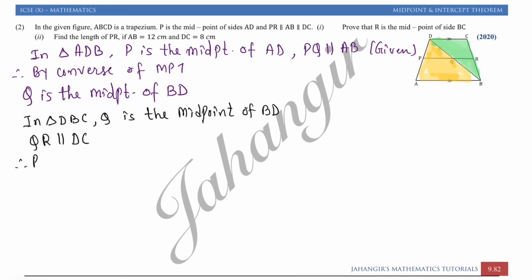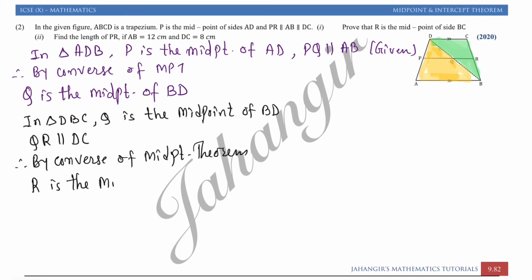Therefore, by converse of the midpoint theorem, we can say R is the midpoint of BC. First part is done.